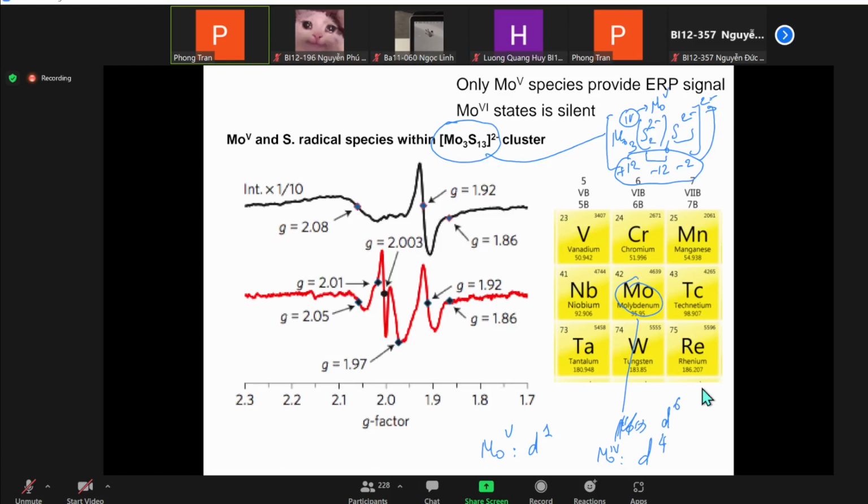Because one positive charge increases, it is very likely that here you have S2 minus, and you get one more electron to become a radical like this. So in terms of formula, it becomes -3. So you will have the same net charge here. Okay. So here you have a 2 negative, and here you have one single electron.